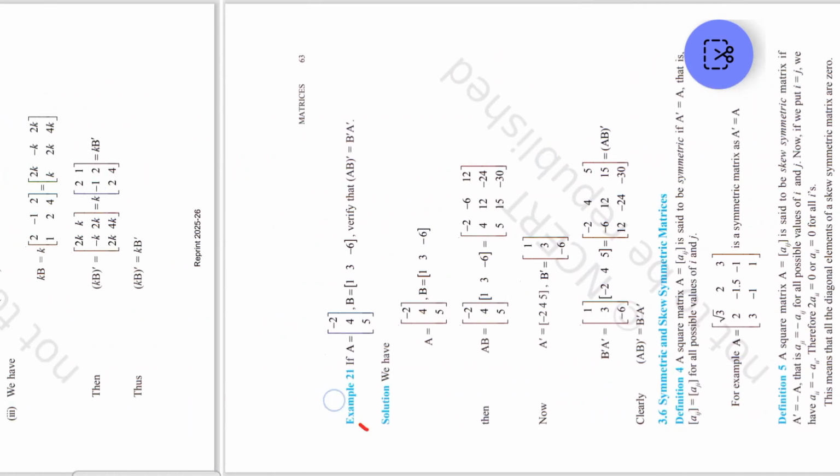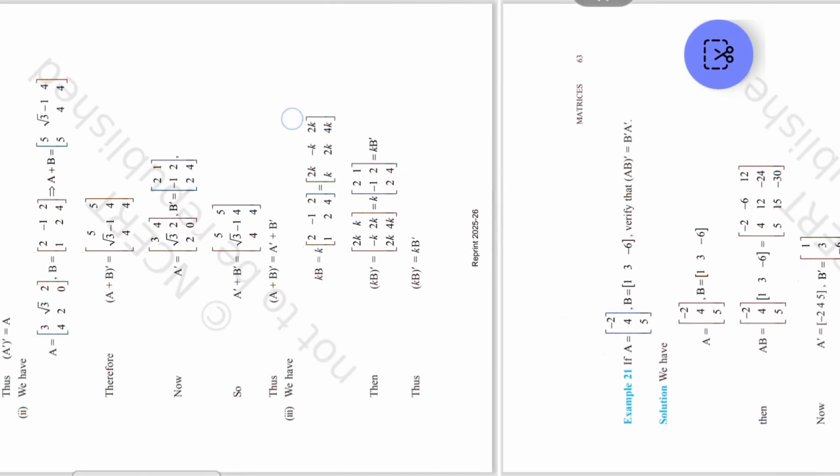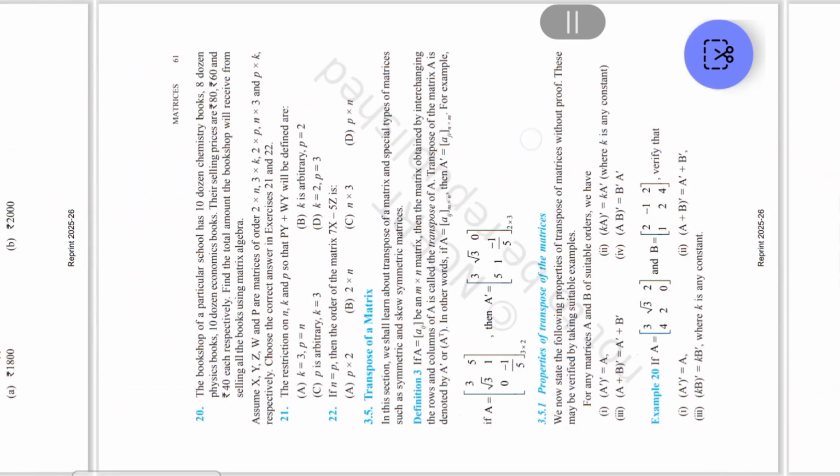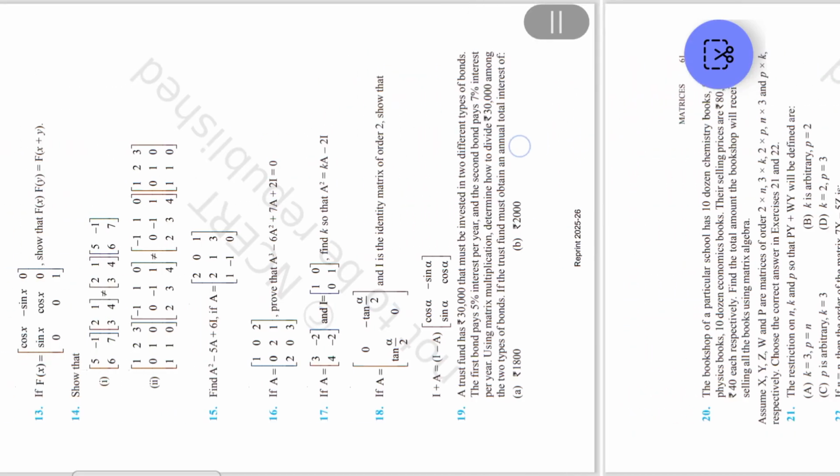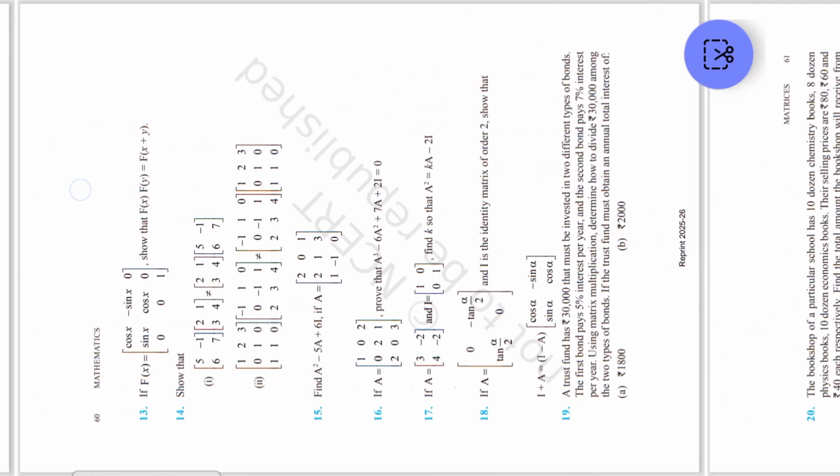And example 21 is important for 5 marks. And in these 3.2 sections, question numbers 16, 17 and 18 are important. 18 is very important, asked many times.